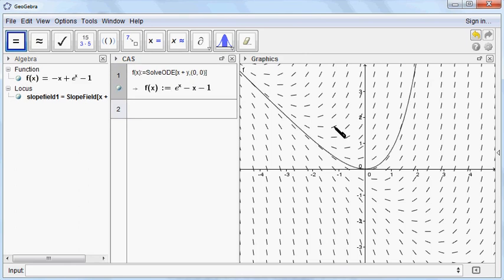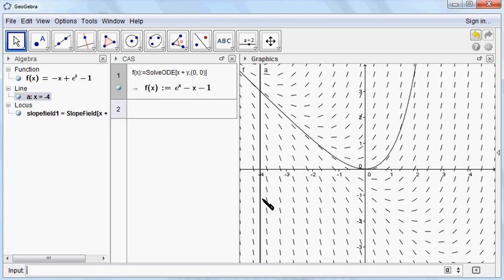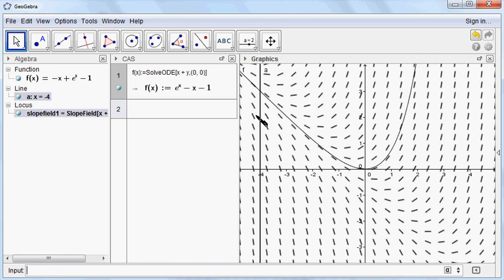It gives you a solution, and you can see that. All right, so this is a solution curve, and one way you can do it in a geometric way is to click here. Then you can put x equals, because I want the vertical line at x equals -4, so type in x equals -4 and hit enter. It gives you a vertical line.